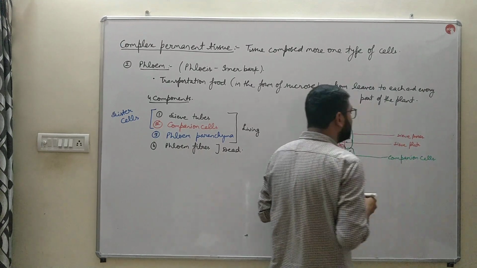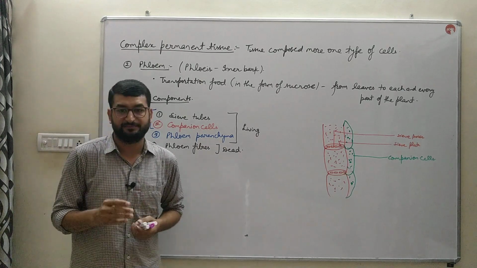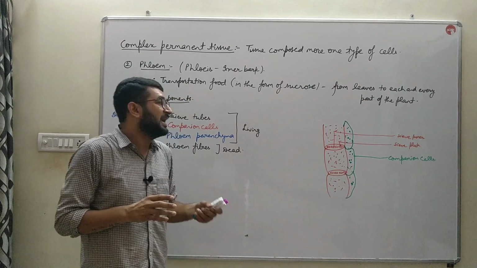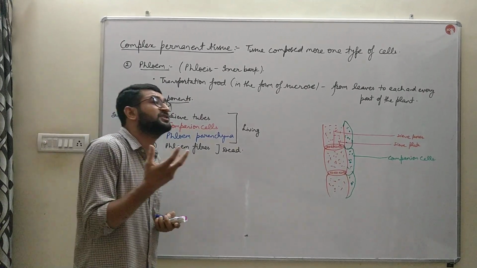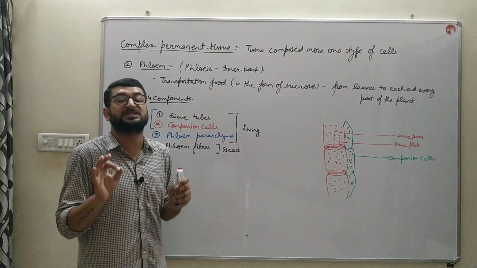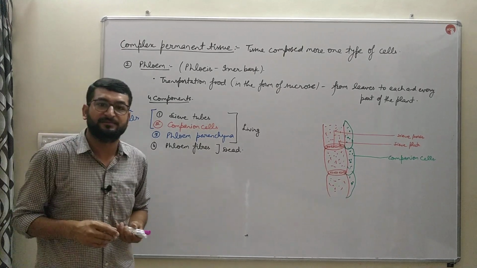Sieve tubes and companion cells always remain together. Companion cells always accompany the sieve tubes, and companion cells provide the food to the sieve tubes, as well as these two are the major transporting part of phloem.